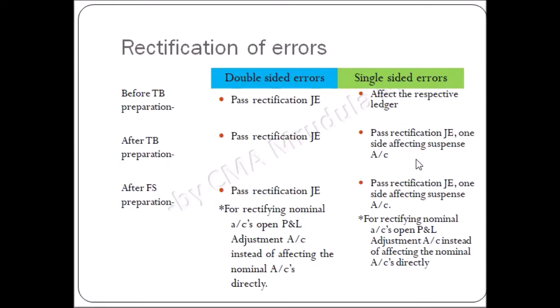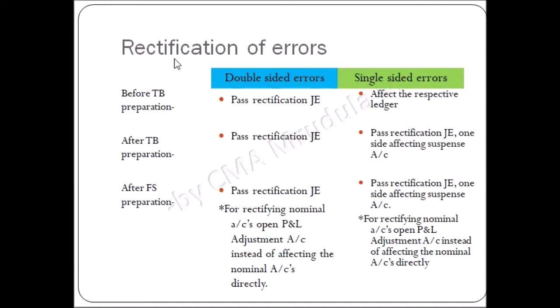If such single-sided errors are identified post the preparation of financial statements, a rectification journal entry can also be passed, while one side must affect the suspense account. Again, keep in mind that if any nominal accounts are being rectified, open a profit and loss adjustment account instead of affecting the nominal account directly, because as we know, all the nominal accounts are closed while the profit and loss statement is being prepared.